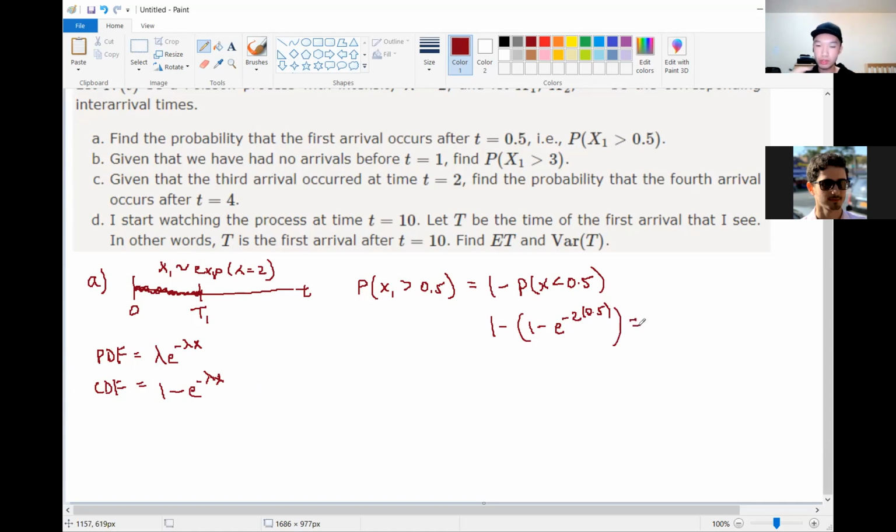So this is, let's see. Okay, so I got approximately 0.37.